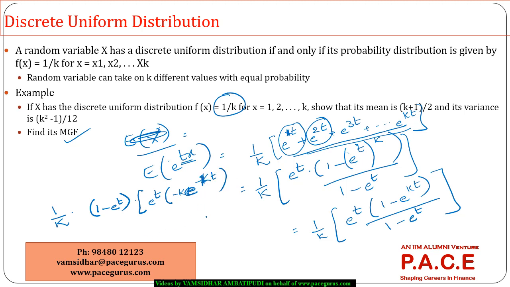This is the derivative of the first part. Then I have 1 minus e to the power of kt into e to the power of t, now divided by 1 minus e to the power of t.